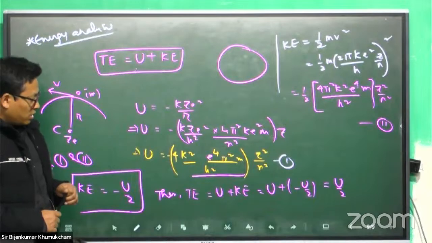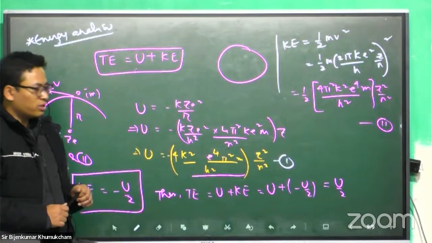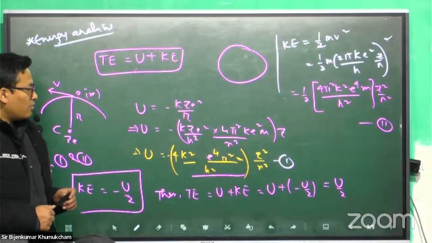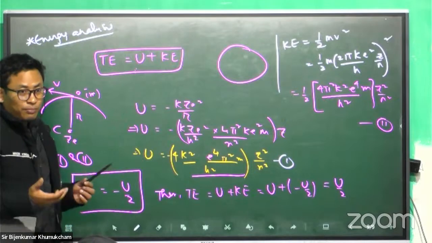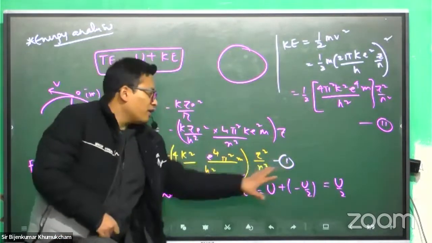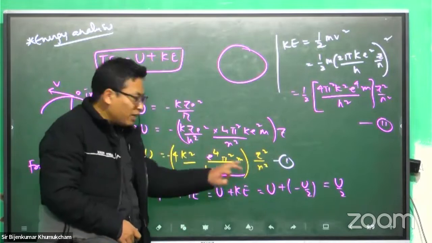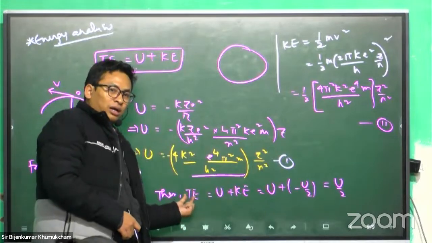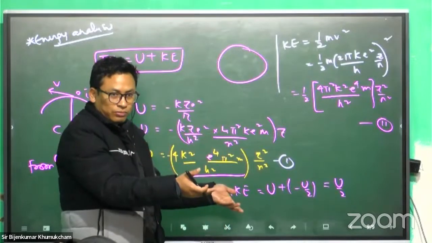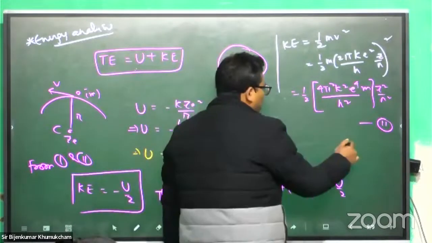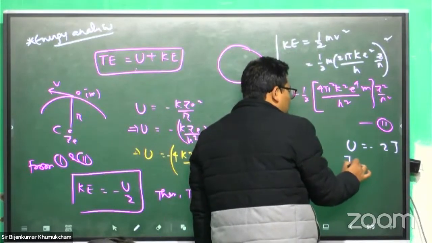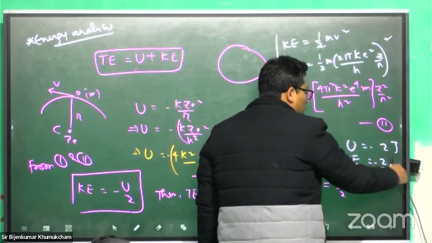Which one is larger, total energy or potential energy? They are negative values. Since the total energy has lesser magnitude, suppose your potential energy is minus 2 joule, then total energy is minus 2 by 2, this is minus 1 joule.